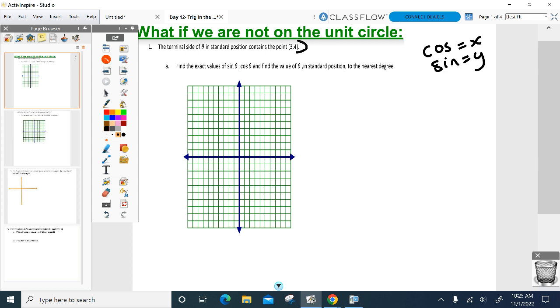Go ahead and plot this point for me, (3, 4). We are creating an angle out of this because it says the terminal side. Remember how to make an angle? Where's the first side of the angle always located in this unit?